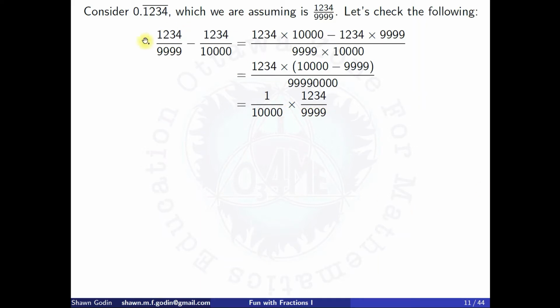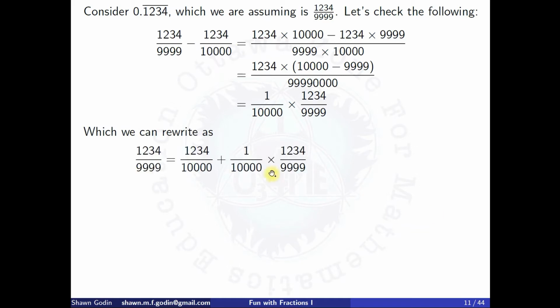Now, if I take this expression and rearrange it, since I'm really interested in the decimal representation of 1,234 over 9,999, I can write it as 1,234 over 10,000, so that's 0.1234 plus some extra stuff. What's the extra stuff? Well, it's just 1/10,000th of our original fraction.